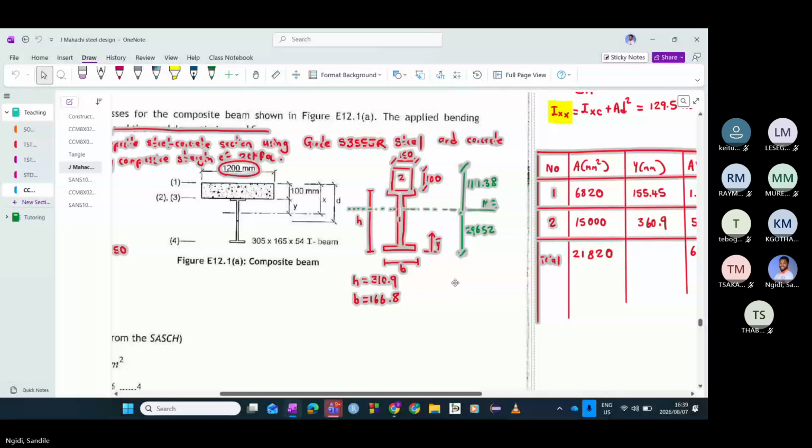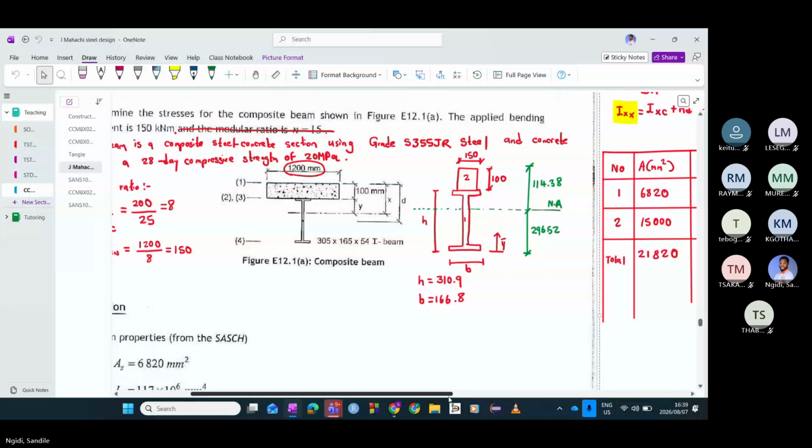I was working through the example myself, and I wanted to ask you, where did you find the 15,000? Because on the steel table that I have, the area of the steel is 6.82 times 10 to the power 3. I'm not so sure if I have the correct one.